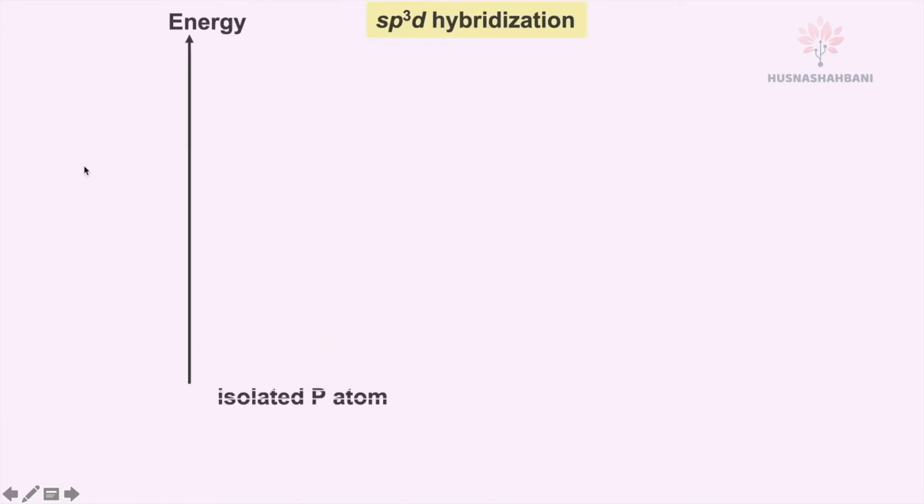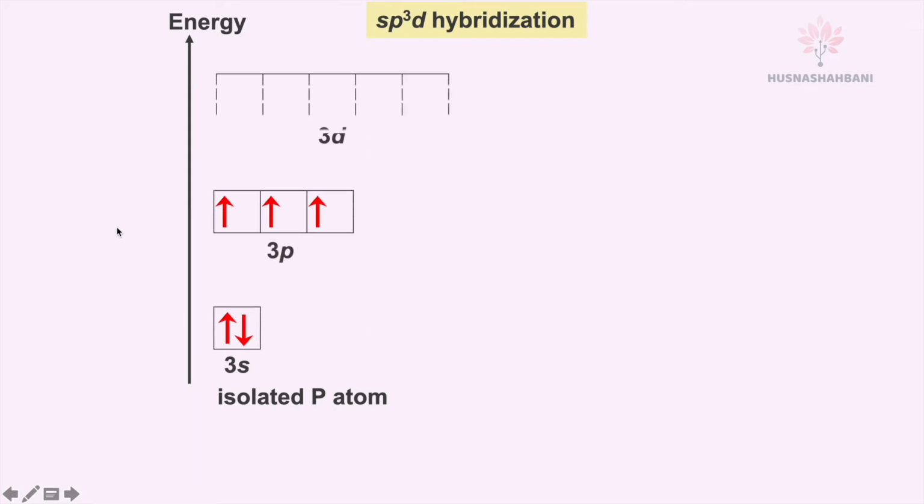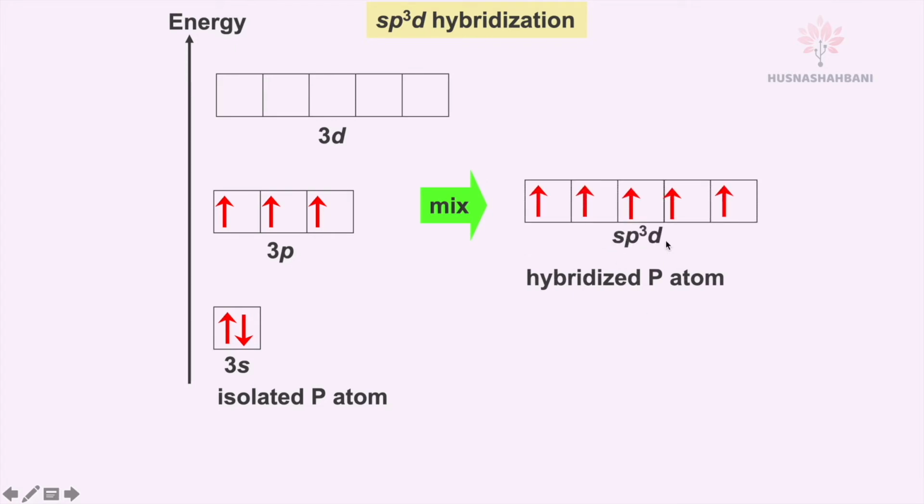Next, the energy level diagram of sp³d hybridization. This is the ground state energy level diagram. The 3s orbital has lower energy than the 3p orbital, and the 3p orbital has lower energy than the 3d orbital. When you mix this 3s and 3p and the one unpaired electron put in the 3d orbital, it becomes the sp³d hybridized P atom, the central atom.